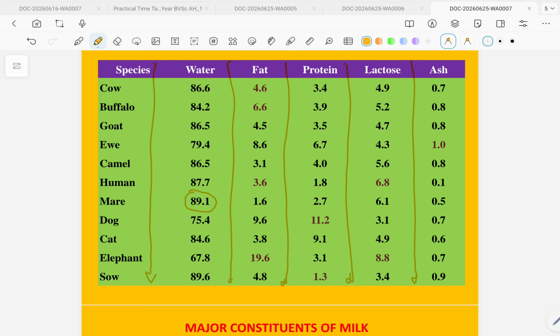Fat: elephant. Protein: dog. Lactose: elephant.